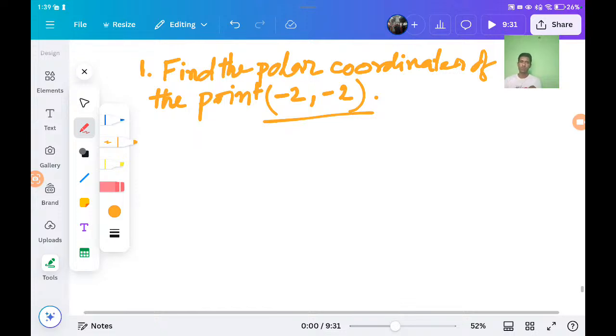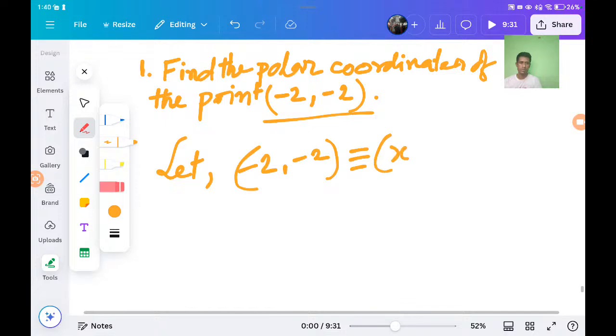I have to show the polar coordinate. So this is the Cartesian coordinate, and let -2, -2 be equivalent to x, y.